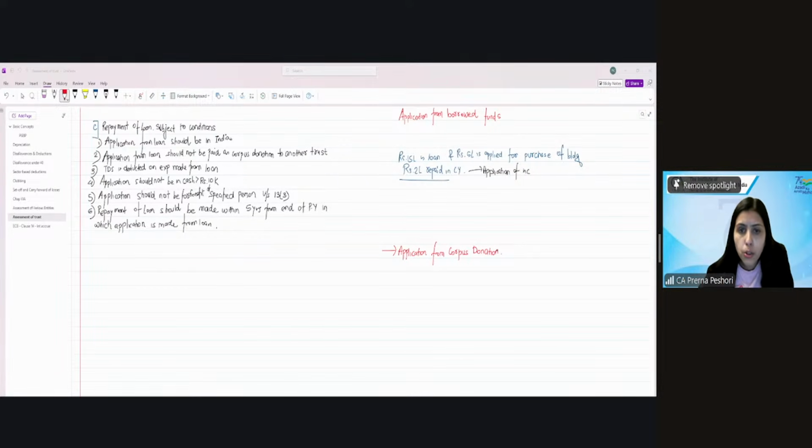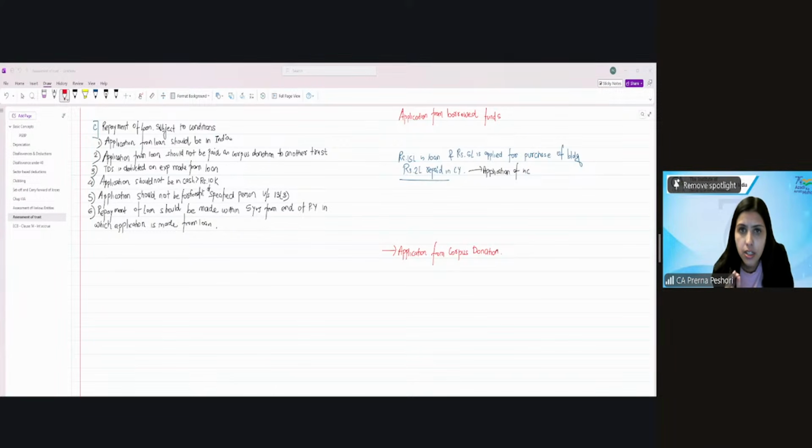So, what will be considered therefore as the application? Any amount received towards the corpus is not considered as income. It is exempt. Similarly, any amount which is paid towards the corpus is also not treated as the application of income. And any amount that you utilize from the corpus is also not considered as the application.